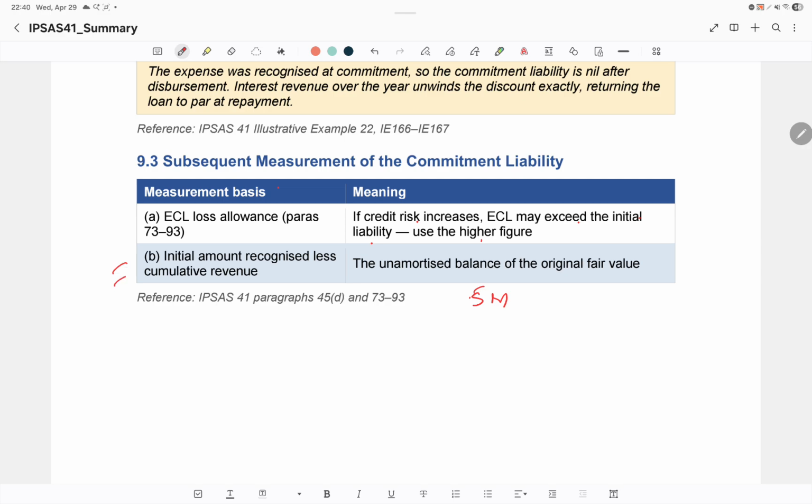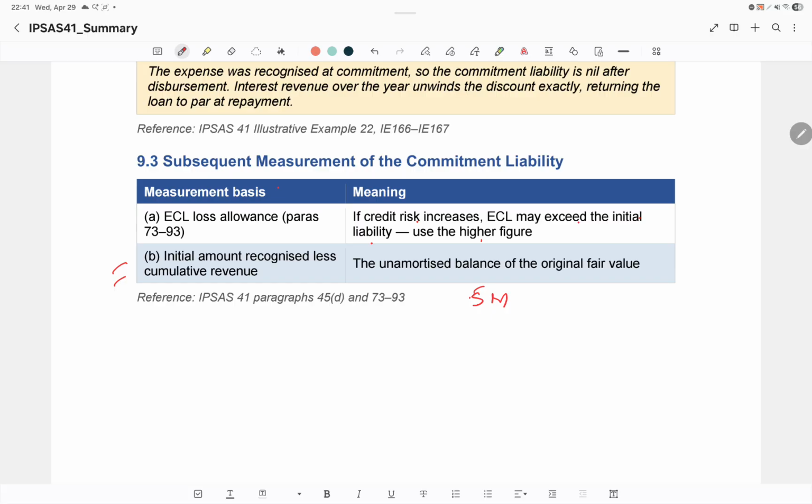I will check what it means, because this is something very important that I want to understand.